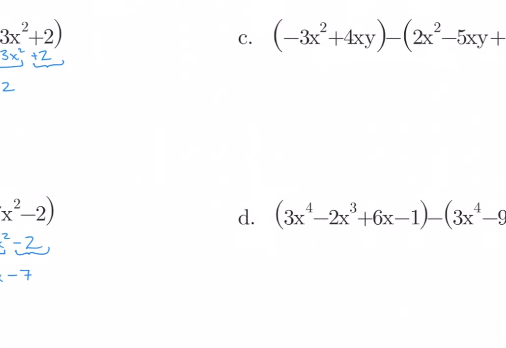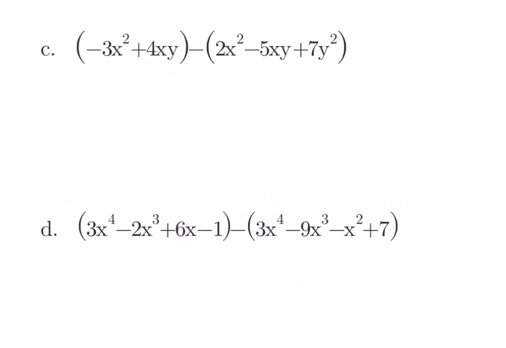So let's try some subtraction problems now. So this one we do want to be careful because the minus sign in the middle, we do need to do something with that. So the first set of parentheses, we can go ahead and just bring that down. Parentheses have no special meaning around the first set.